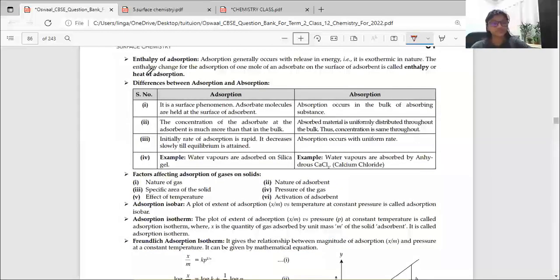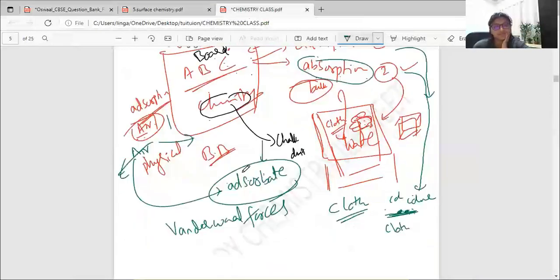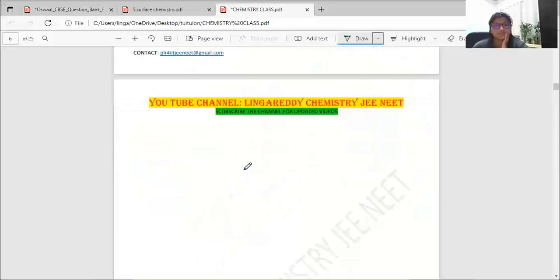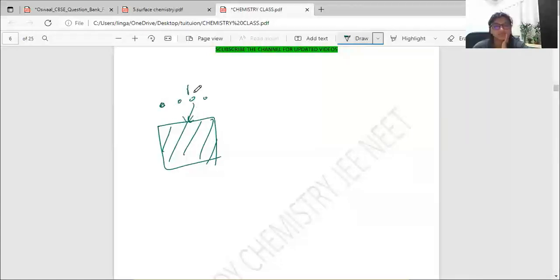Now, enthalpy of adsorption. I am keeping one solid substance here, and some air molecules are adsorbing on this. Is it endothermic or exothermic?